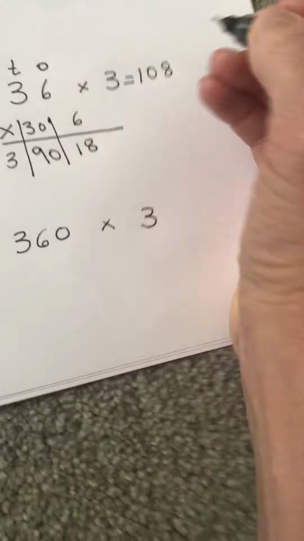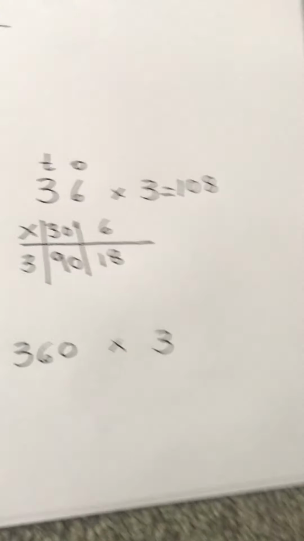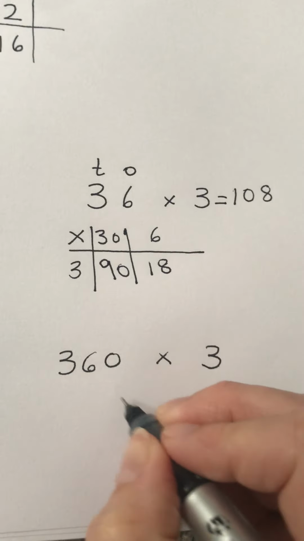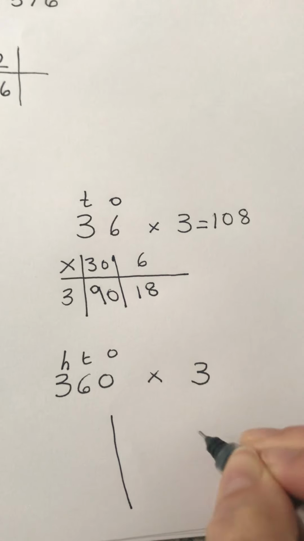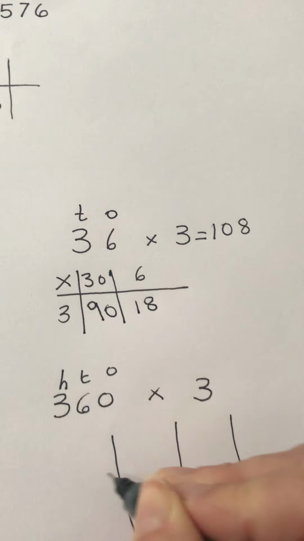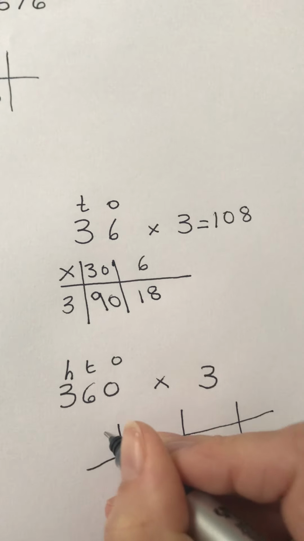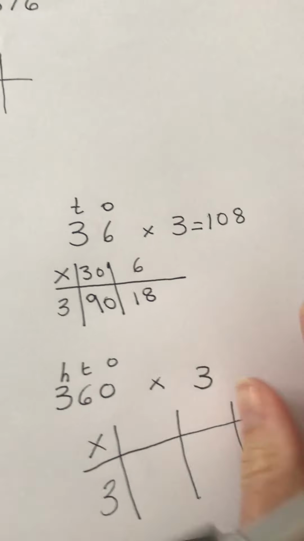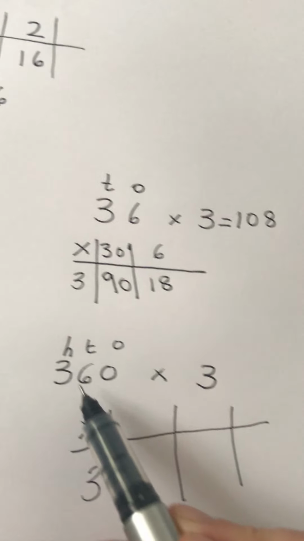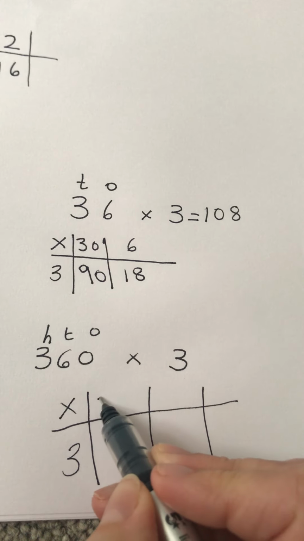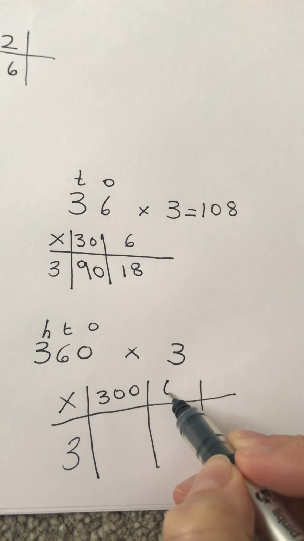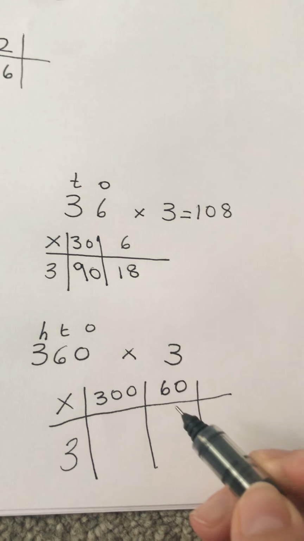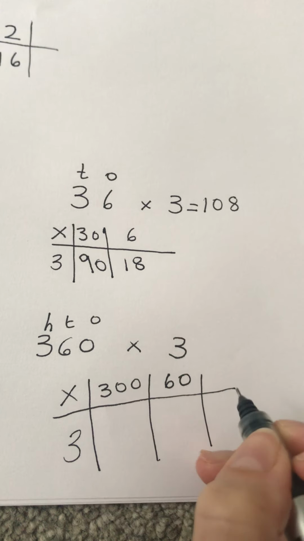So that's that total. But then I could do the same, but with hundreds, tens and ones. You're just doing a bit at a time and then adding it together. So if I wanted to do 360, I'd have to do 300 times 3, then the 60 times 3. Oh, I could have done some ones, but there weren't any.